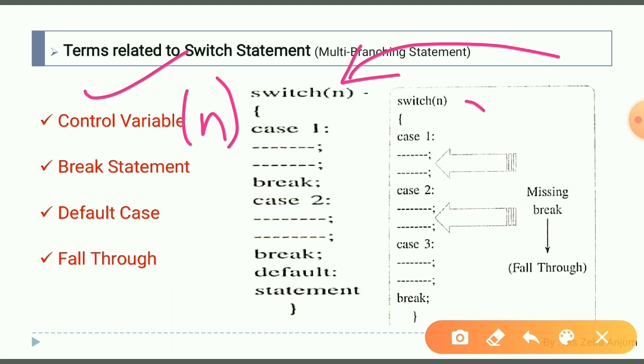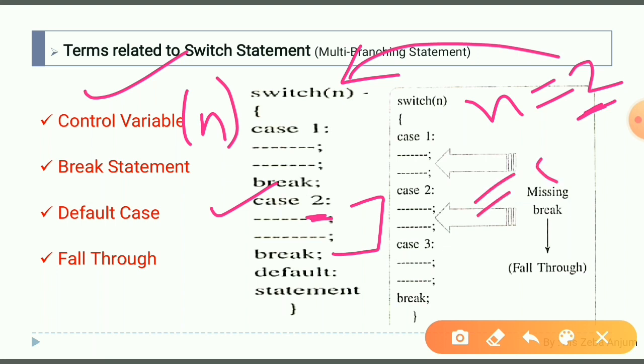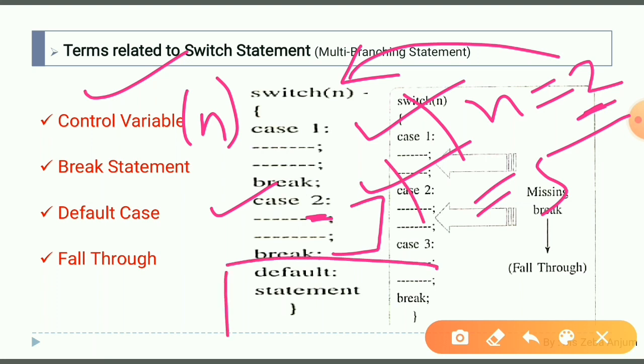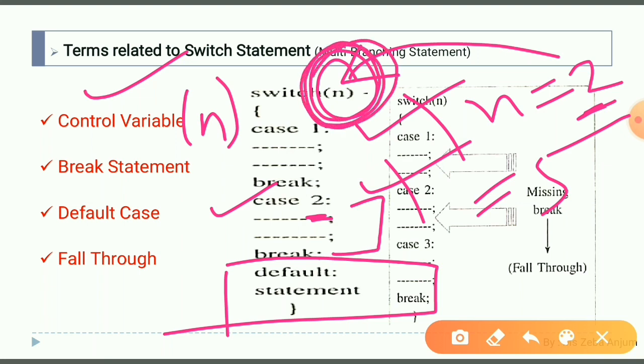In case the value of n is 2, then case 2 will be executed because the value of n is 2 and your case is also 2. If the value of n is 5, then firstly it will check case 1, false, then case 2, again unmatched, then you are not having any case over there, so by default this statement will get executed. So by this control variable we mean this checking thing, this n.